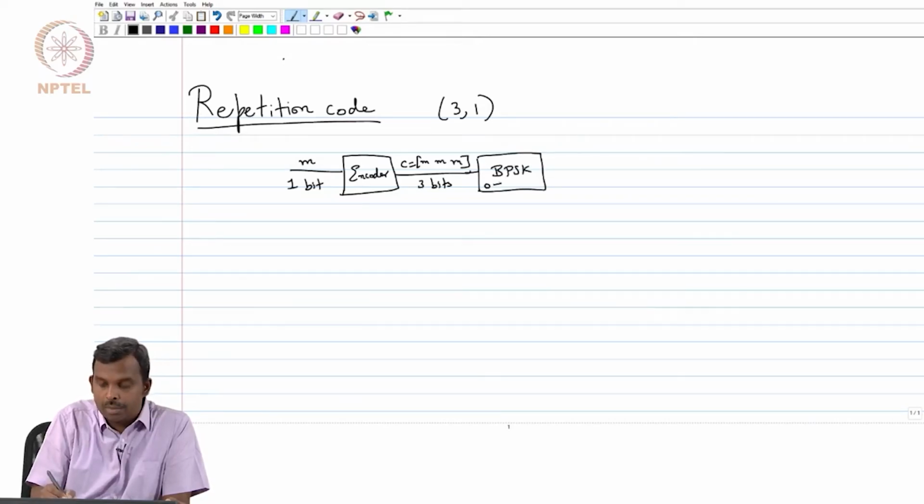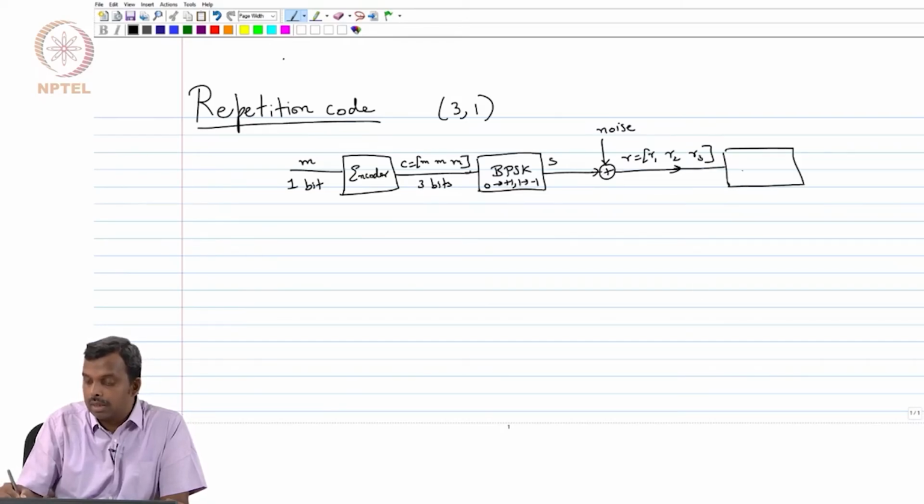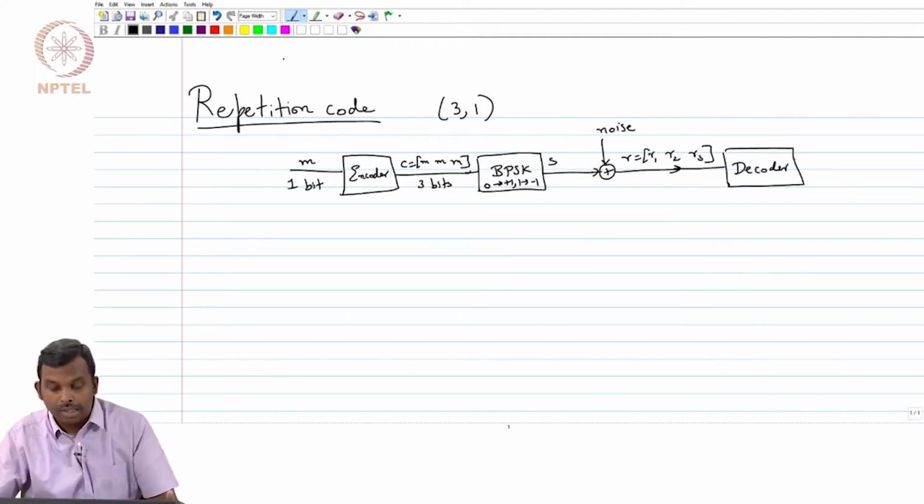We all know what it is by now, 0 to +1, 1 to -1, and you get a symbol vector S. Okay, and then this goes through noise, and you get a received vector R, which is R1, R2, R3. Okay, and the decoder has the task of producing M hat or C hat.